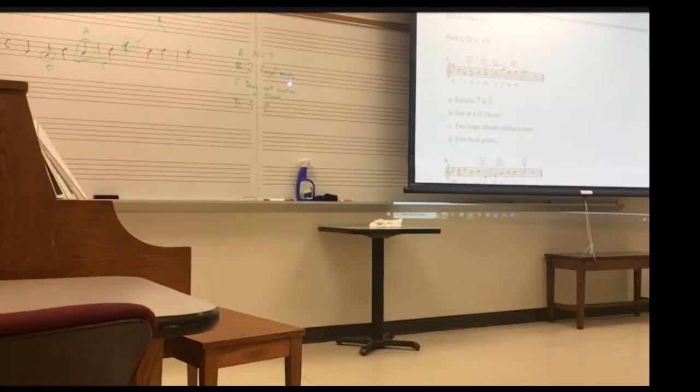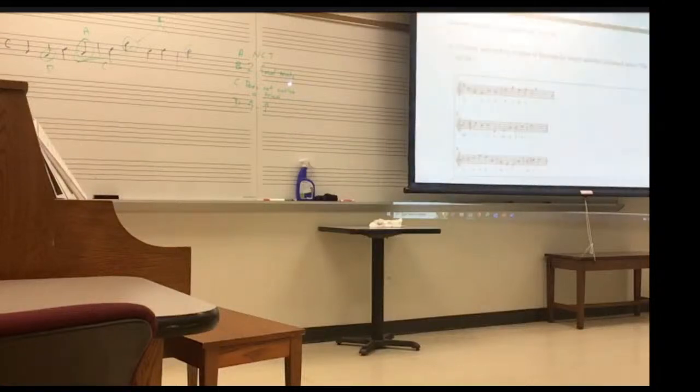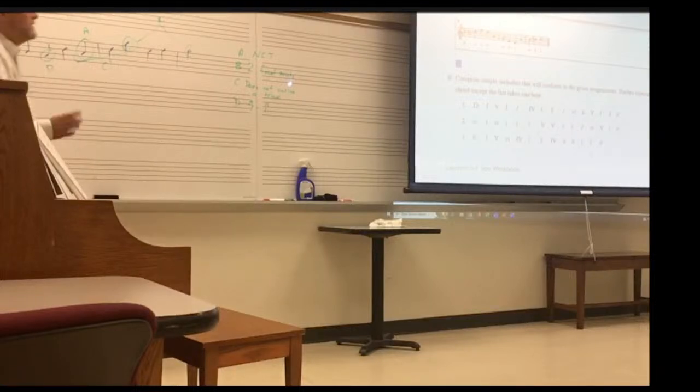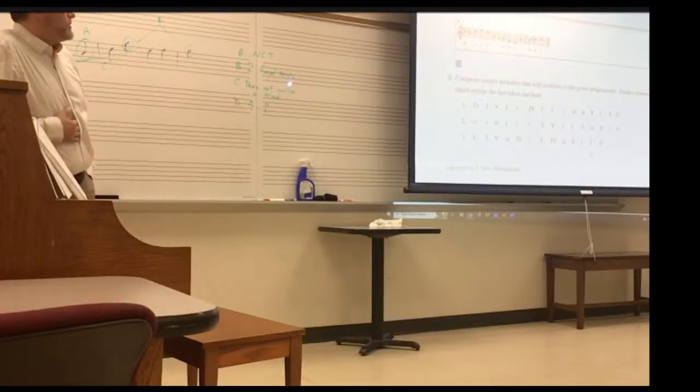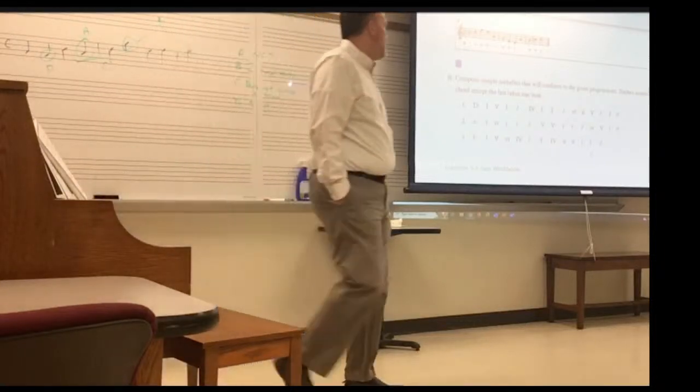All right. Actually, let's try this one out. Section B here. Compose simple melodies that will conform to the given progression. Slashes represent bar lines, and every chord except the last one takes 1 beat.